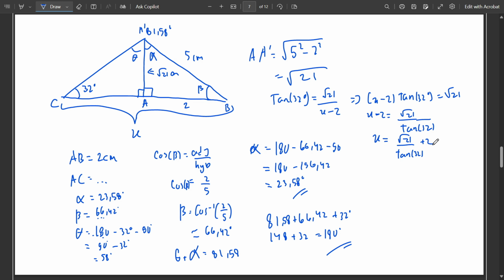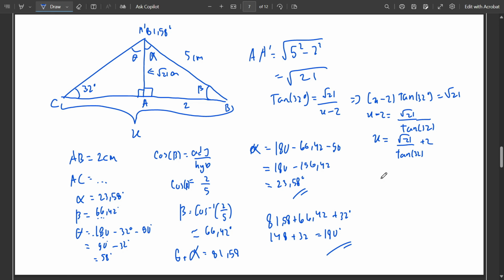So our x here is equal to square root of 21 over tangent of 32, and then plus 2.